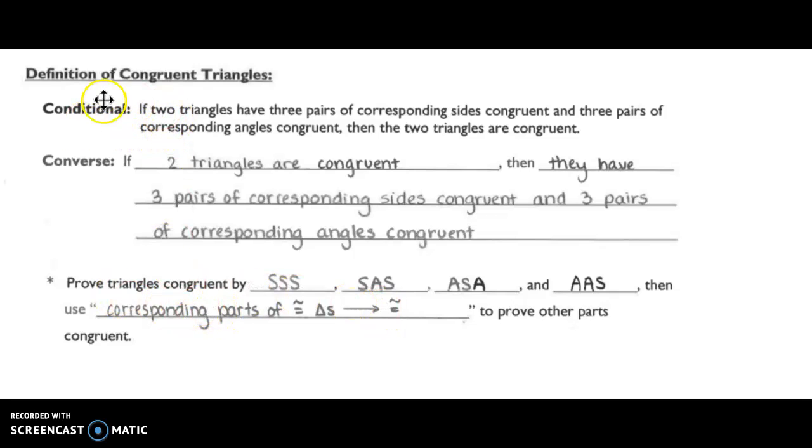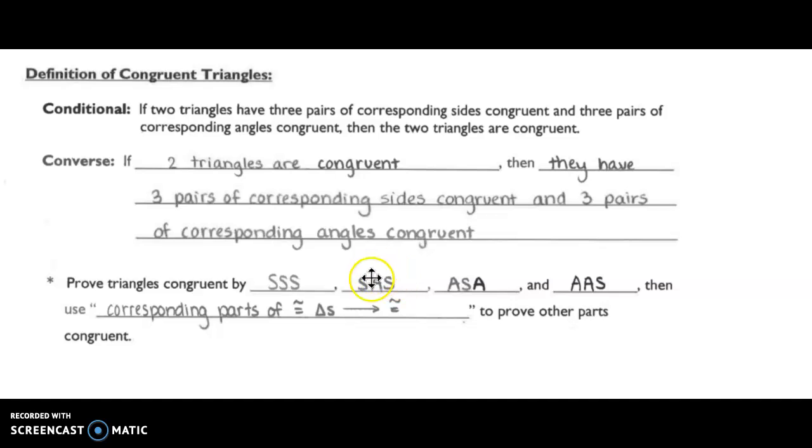And so what that means is, and you know, that only comes after you prove triangles to be congruent. Okay? And so let's say you prove two triangles to be congruent by SAS. Well, if you already know that the two triangles are congruent, that means all of the other corresponding parts have to be congruent as well.